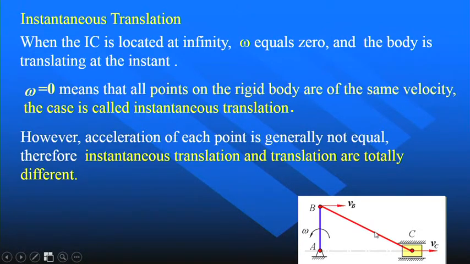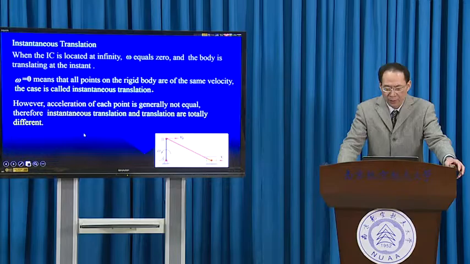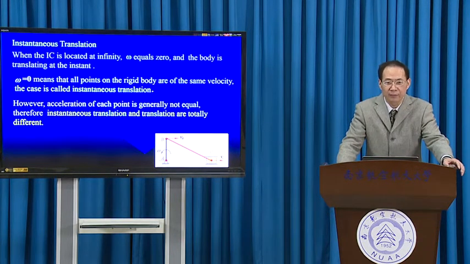The velocities at each point of this linkage are equal, but the acceleration of each point is not equal. Therefore, instantaneous translation and translation are totally different. So don't confuse these two motions. Okay?